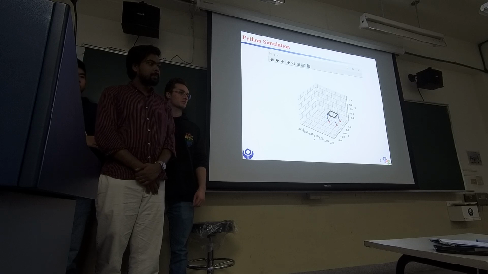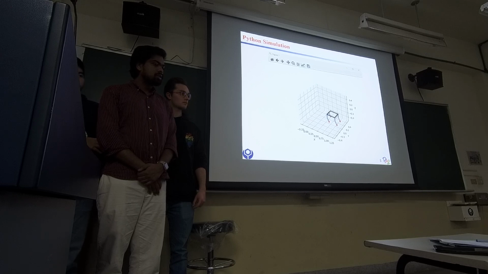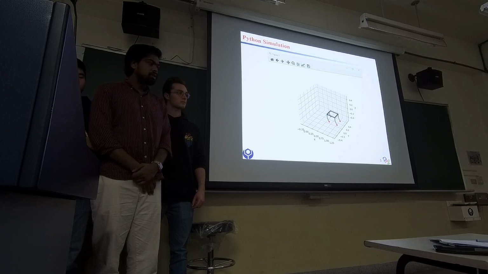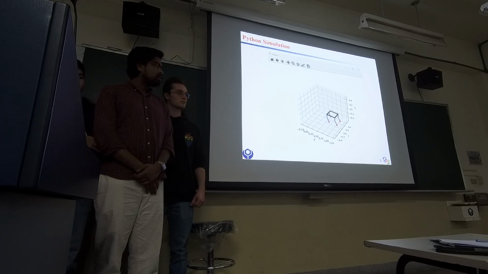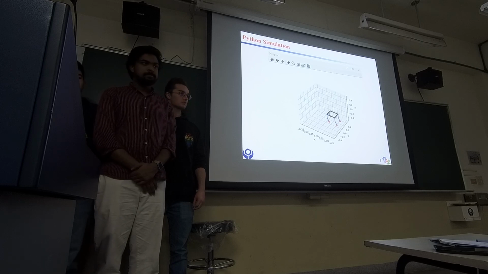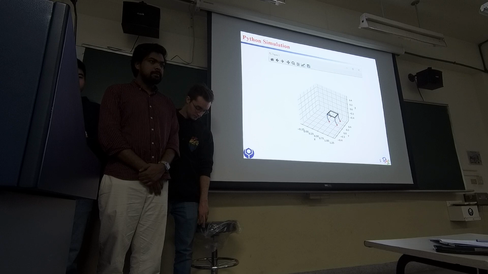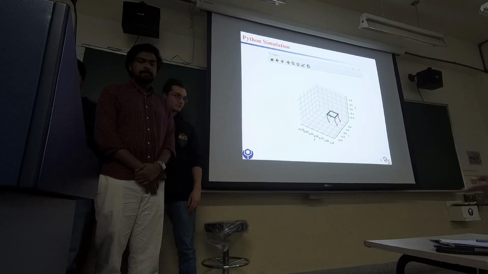So your legs should have different configurations, right? It is not. You need to move the other three legs also. So it's on the ground, but it's not moving. When continuous movement is there, all the legs have to be moved accordingly.